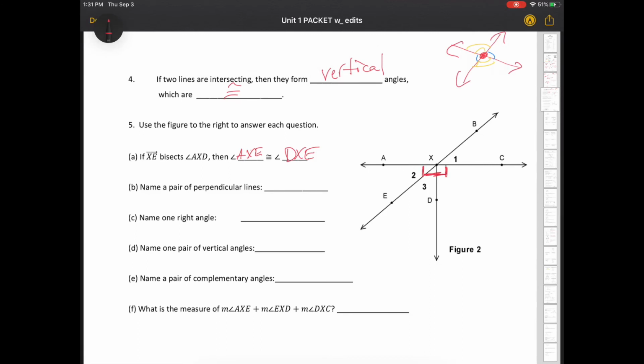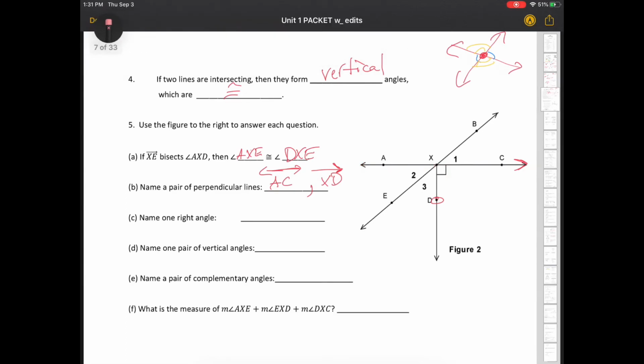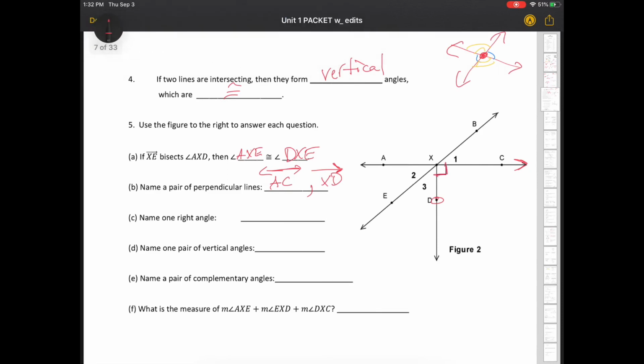The two lines that we have are line AC and also ray XD. Remember, it's a line and a ray. Name one right angle. We just did. Here's one of my right angles. That would be angle DXC.